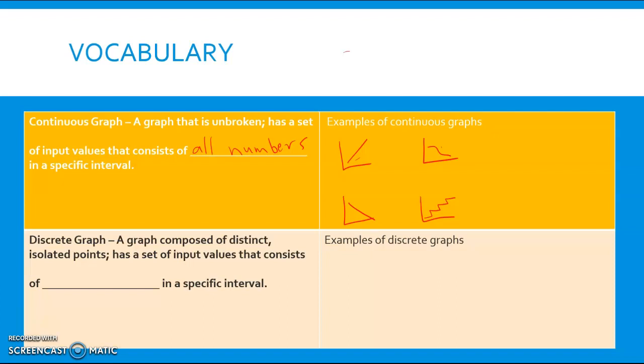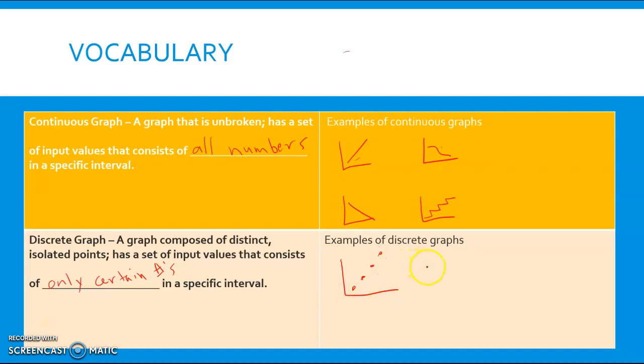Discrete's a little weirder. It's distinct isolated points. Has a set of input values that consist of only certain numbers on a specific interval. So, for example, you may get linear discrete, but it may look like this.